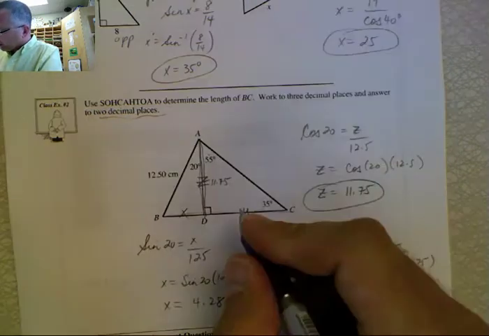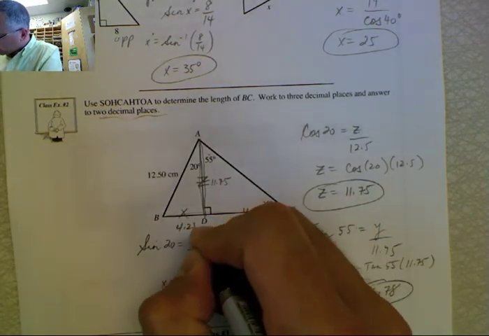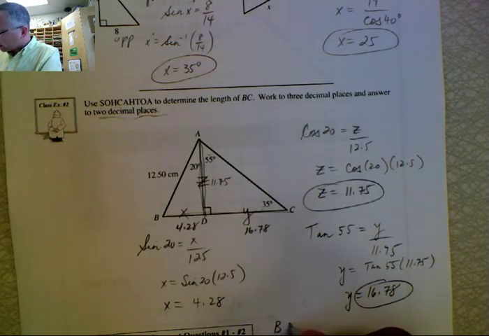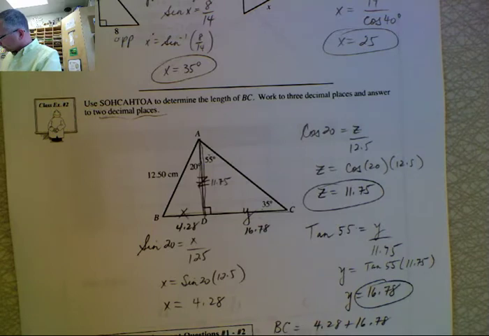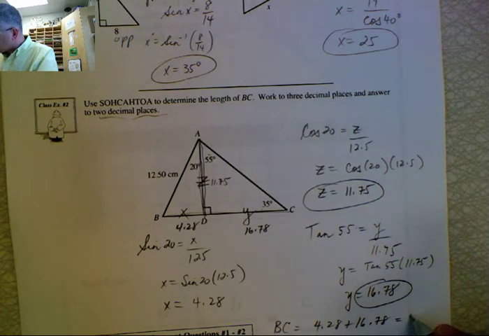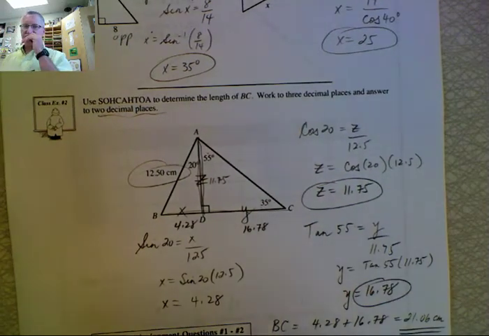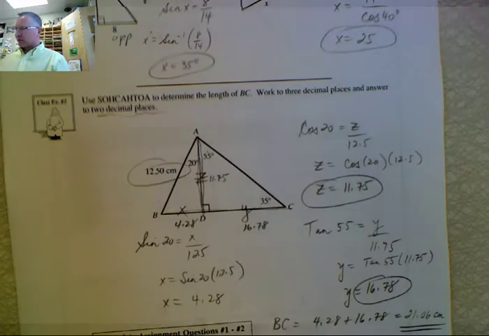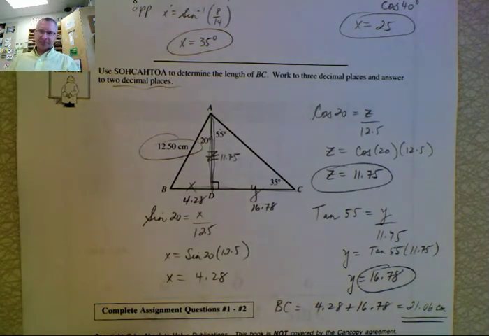So we know this side is 16.78, and we know this side is 4.28. To get BC, we take 4.28 plus 16.78, and we get 21.06. It's centimeters in this question because the units in this question are centimeters. So that's a quick review of some right triangle trigonometry, similar to what we did in Math 10C.